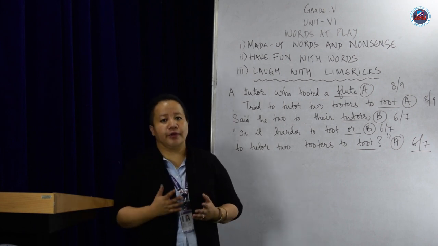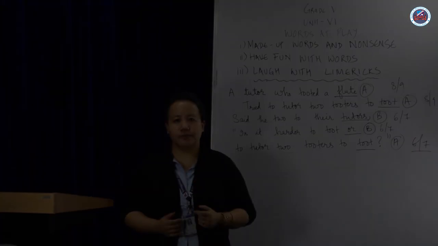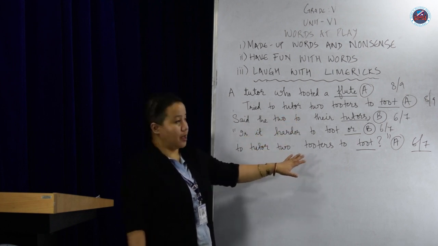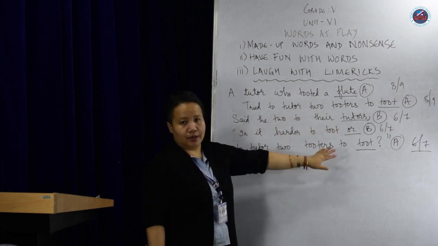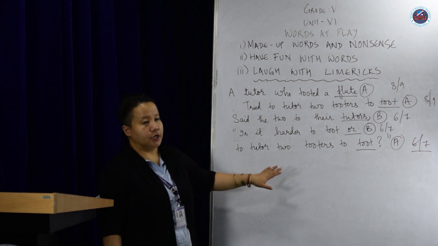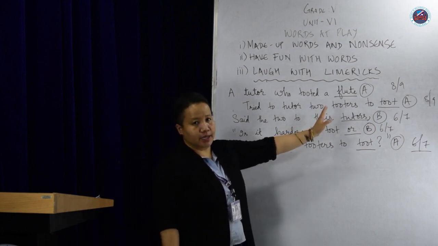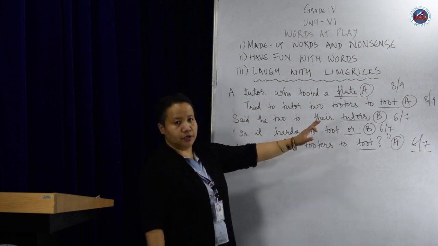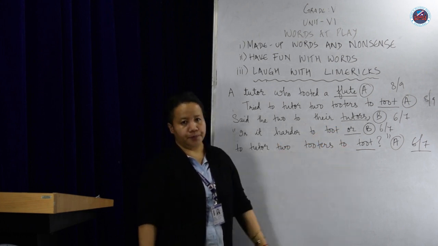Remember, a limerick has rhyme, rhythm and content. The first, second and 5th lines have the rhyme scheme A, and the 3rd and 4th have B. So like I said earlier, the rhyme scheme used here is AABBA. And the rhyming words used here are flute, toot, tutors.